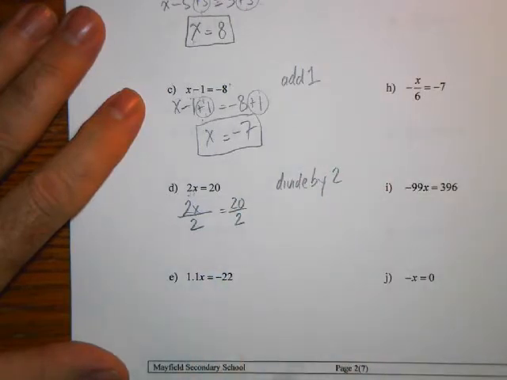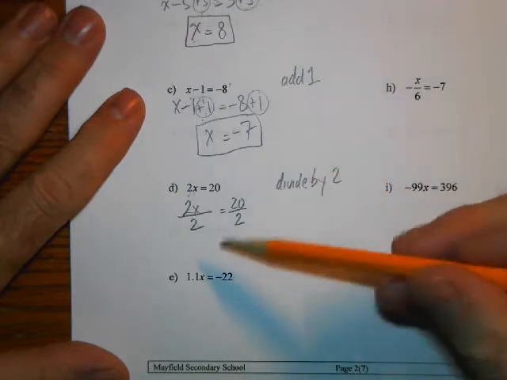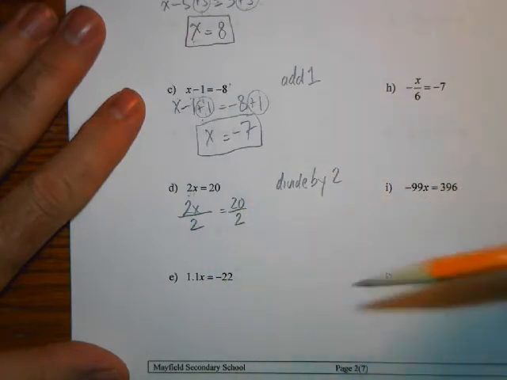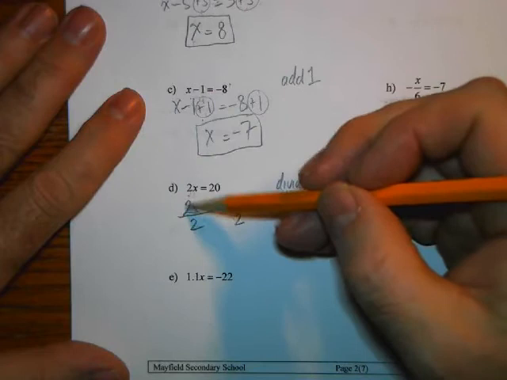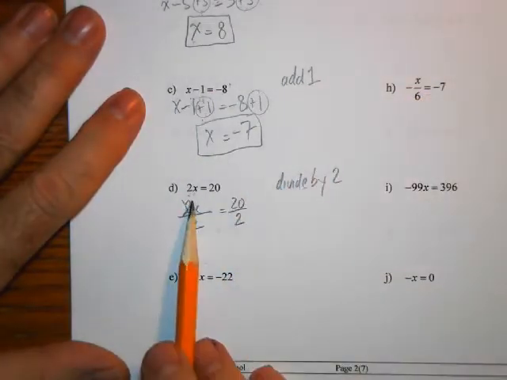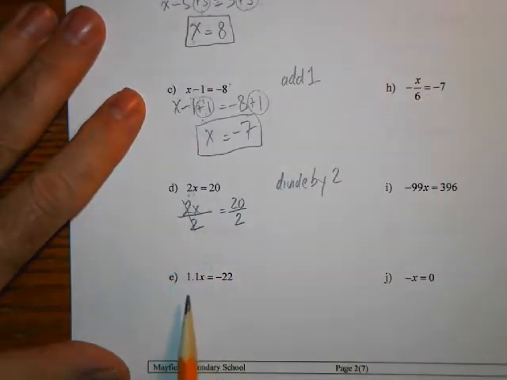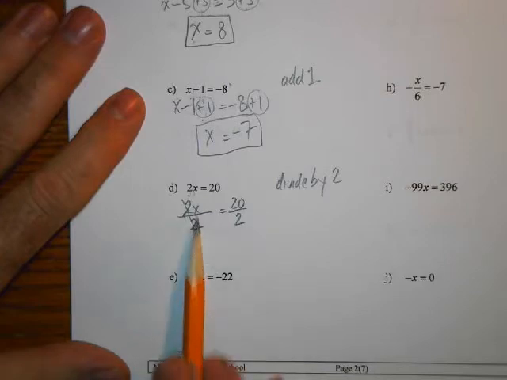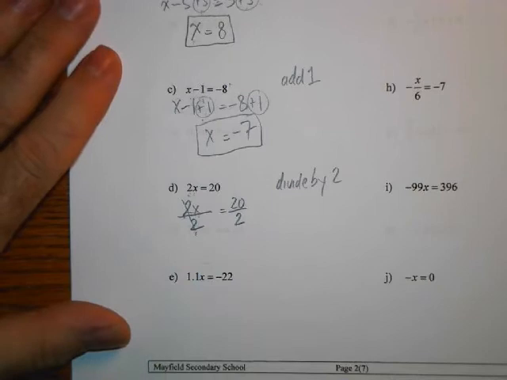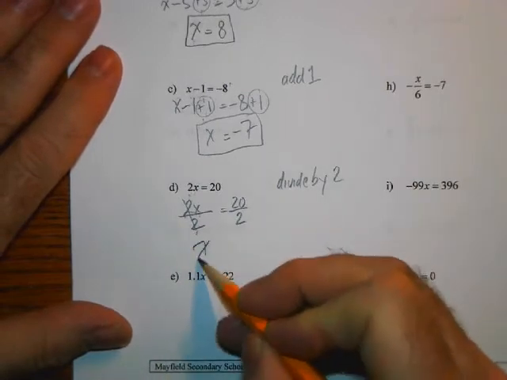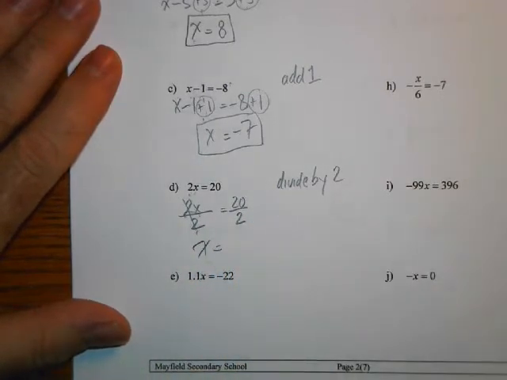Okay, so when we actually do the division, this 2 will always cancel out with this 2 because we picked the 2 so that they would cancel out. So we're multiplying by 2 and then dividing by 2, so we're back to where we started from, which would be x. And then 20 divided by 2.